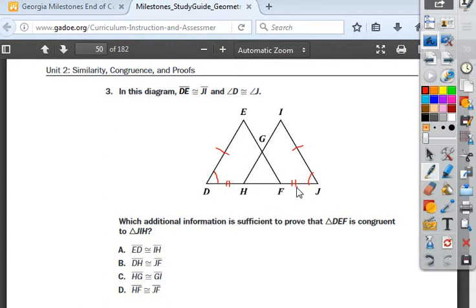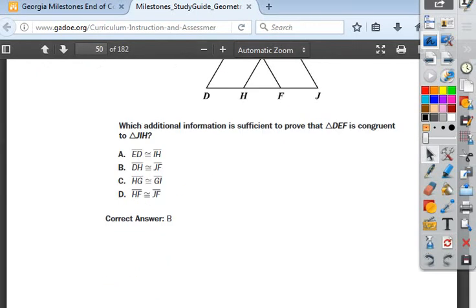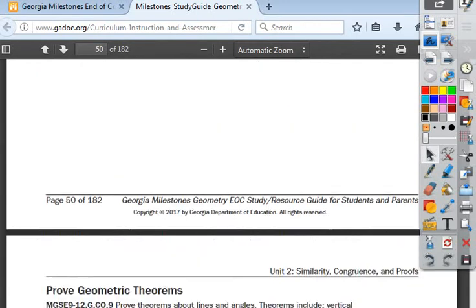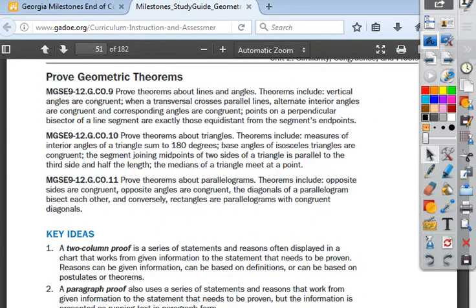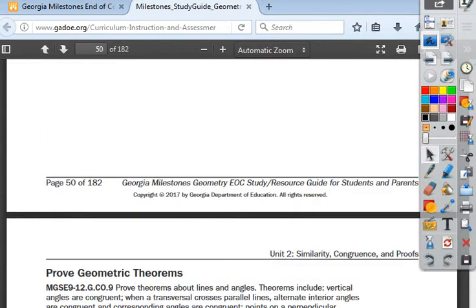Because it's angle, side, side. This part is the same in both of them, so I know that from D to F is the same as J to H. If these two little pieces are the same, that's the same in both, so it would work if that little piece worked. So that was right. Isn't that what we said? Yeah.